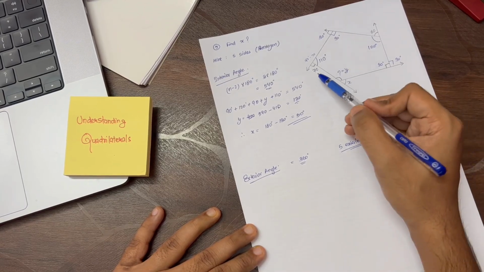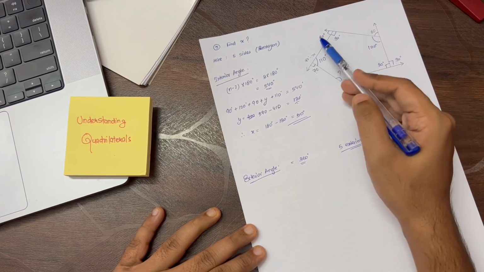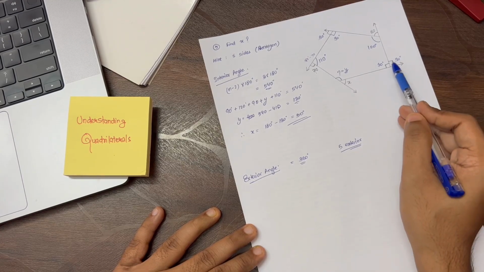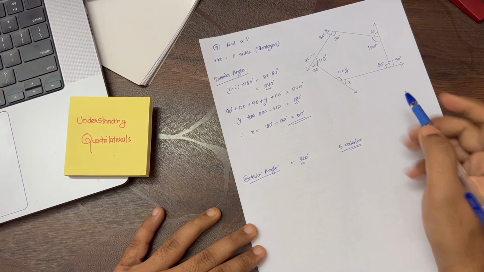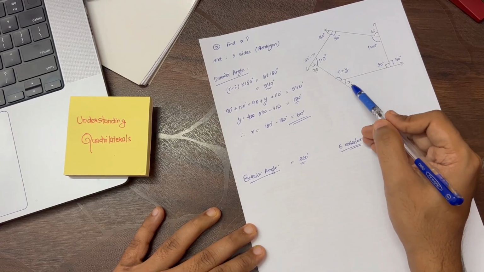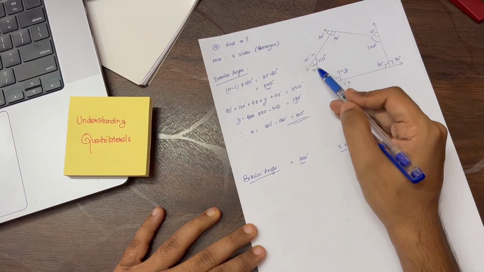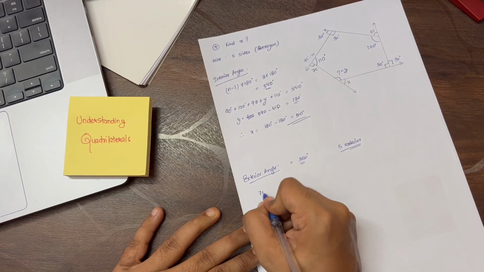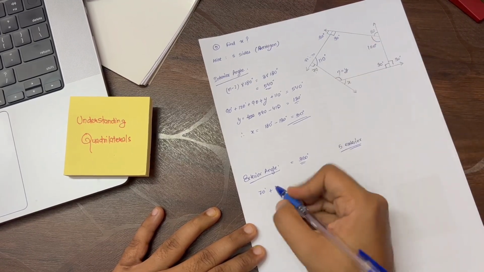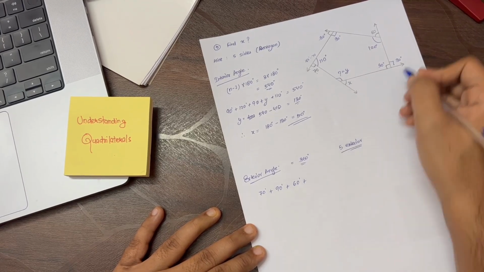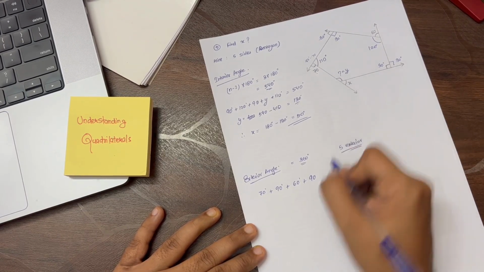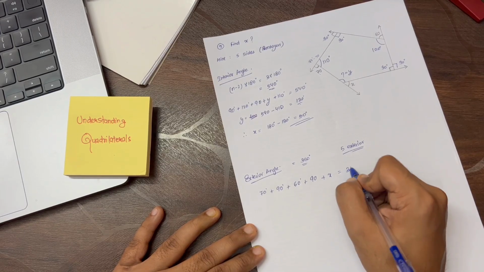Here we are given 1, 2, 3, and the 4th we can easily find out. So we know 4 exterior angles, and we have to find the 5th. That's simple. Just calculate 70 plus 90 plus 60 plus 90 plus x equal to 360.